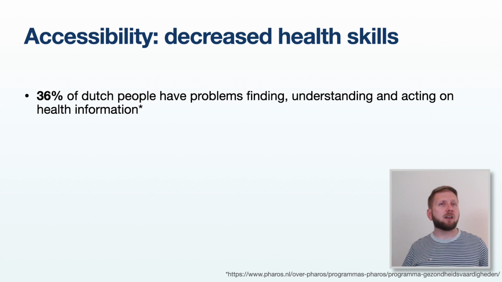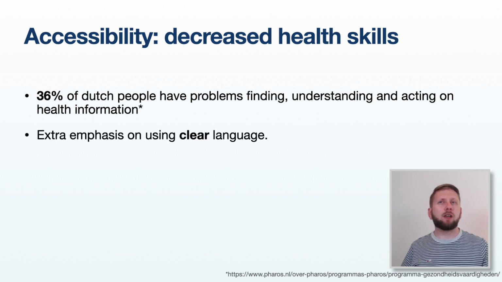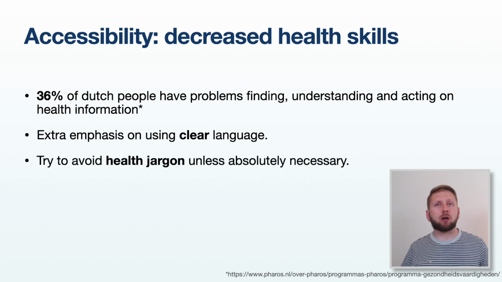Which means if you talk to them about health-related issues, they might just not understand because they don't know the jargon, or they're uncomfortable with it. That's also quite possible. So we put a very special emphasis on using very clear language within the app, where we try to avoid health jargon unless it's absolutely necessary for understanding what's going on with you in a certain situation.